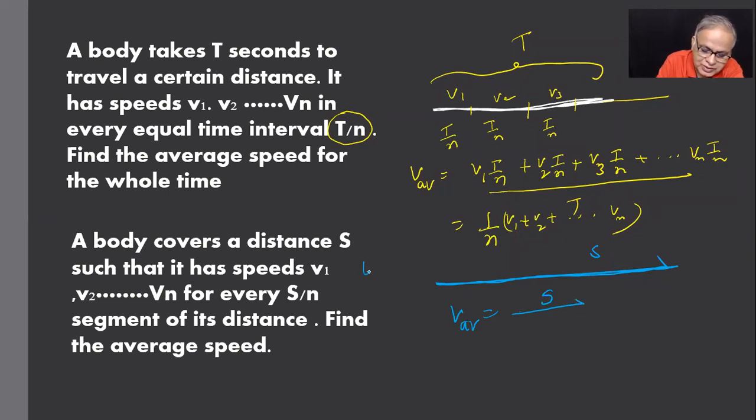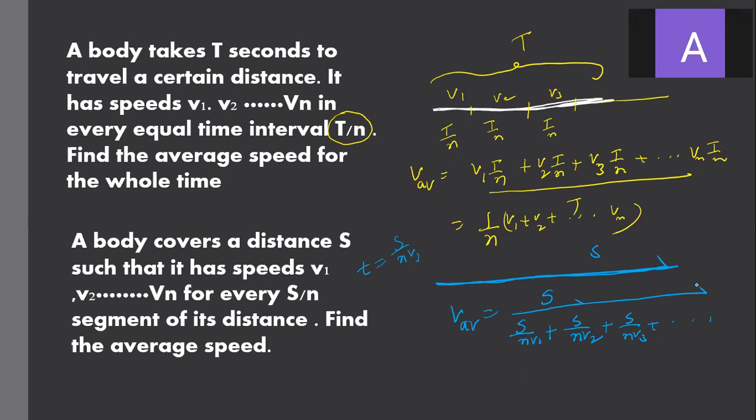See, T equals distance by speed. So S by N by V1. Did we not do previously X by 2 V1 like that? Yes, sir. Same thing, no? So S by N V1 plus S by N V2 plus S by N V3 plus so on. Isn't it so? So what should I get now?